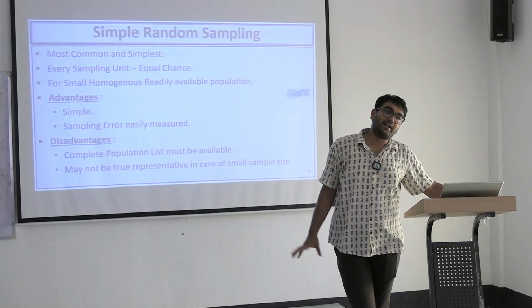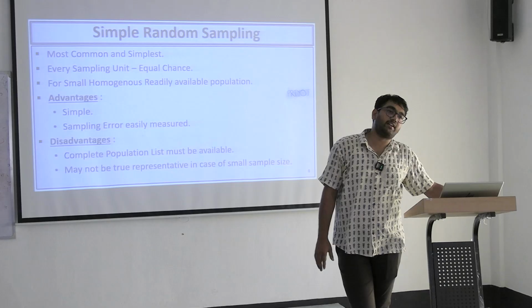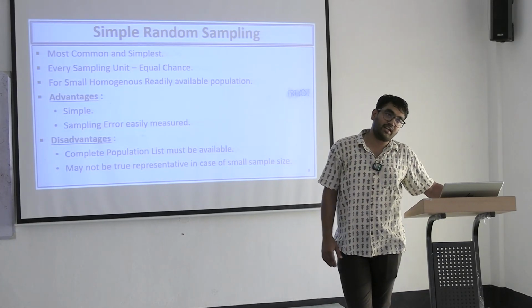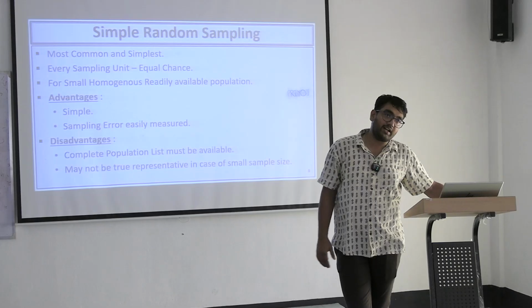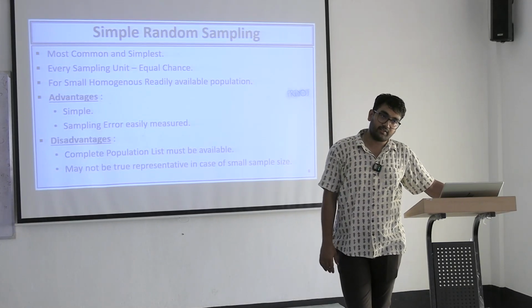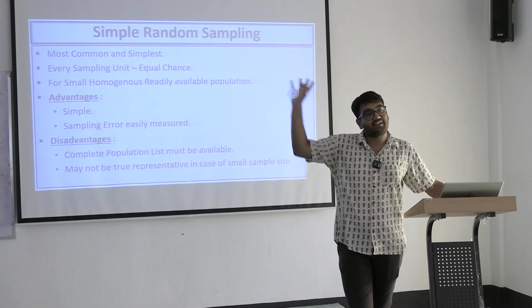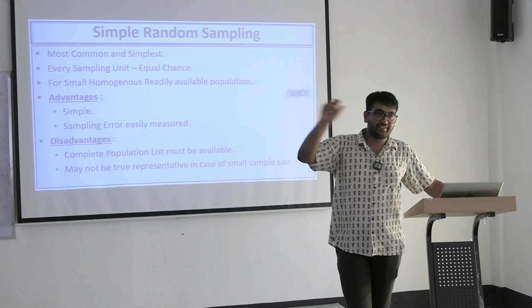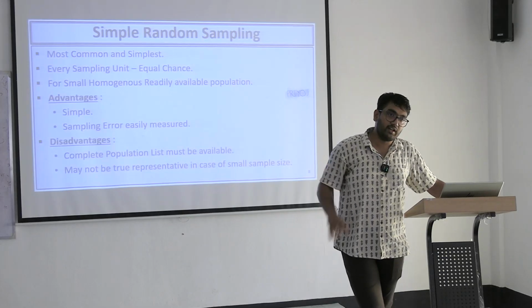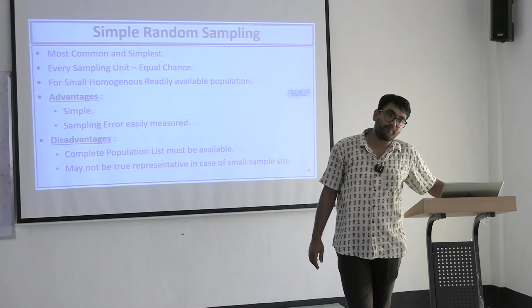Now if in that 100, 50 get selected from first year, 20 from second year, 20 from third year, 10 from final year. And at another time, 50 get selected from final year, 20 from third year, 20 from second year, 10 from first year. Will the findings of both these samples be the same?